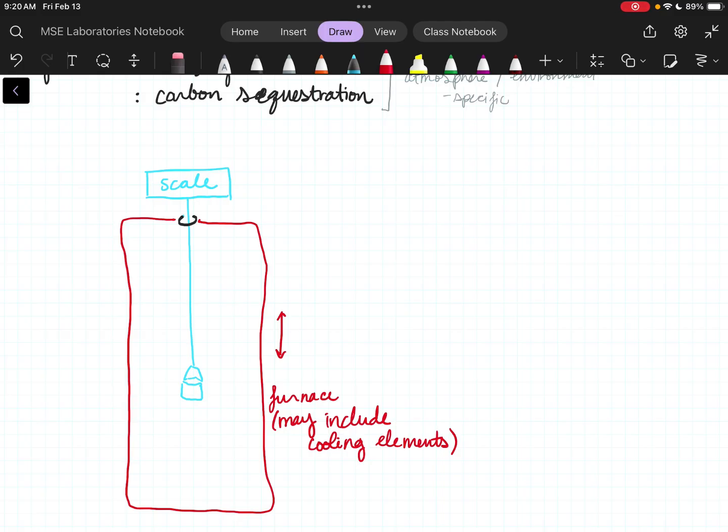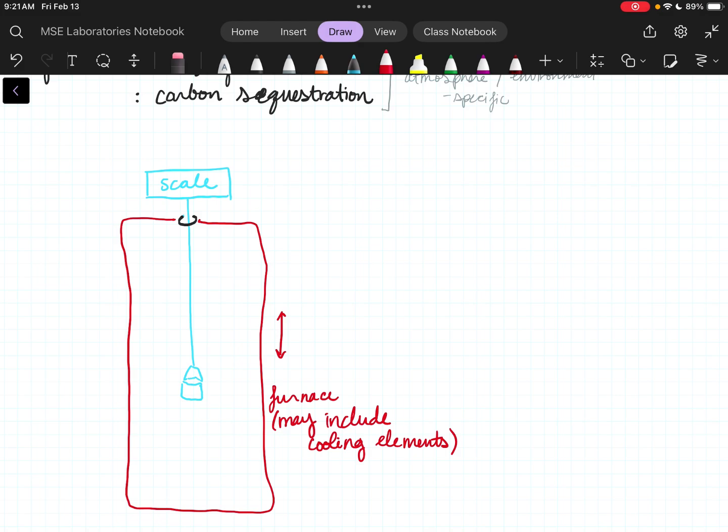If there is cooling, then part of the furnace would be some tubing or fans or something so that we could blow cold air or even flow liquid nitrogen through the system to get significant cooling. Depending on the upper range of the furnace, there might not be any cooling elements.